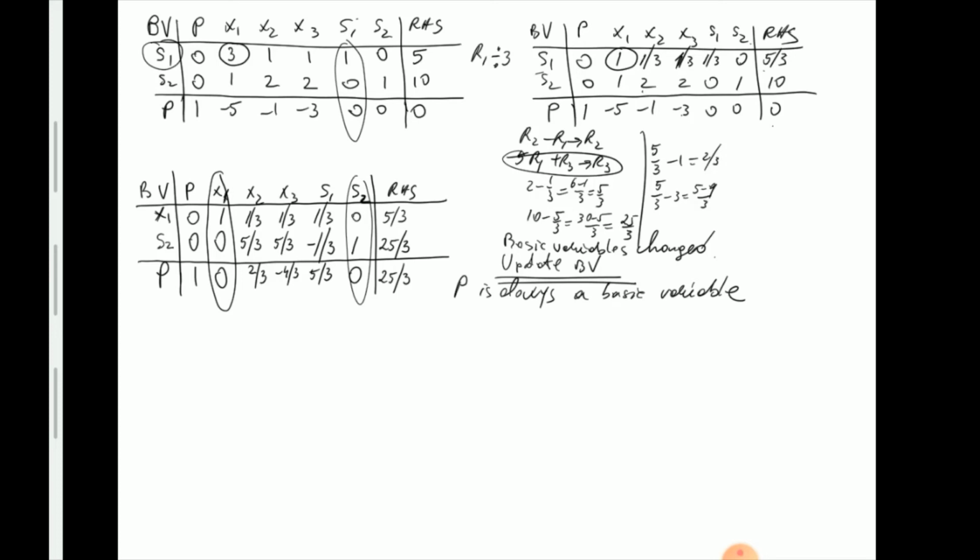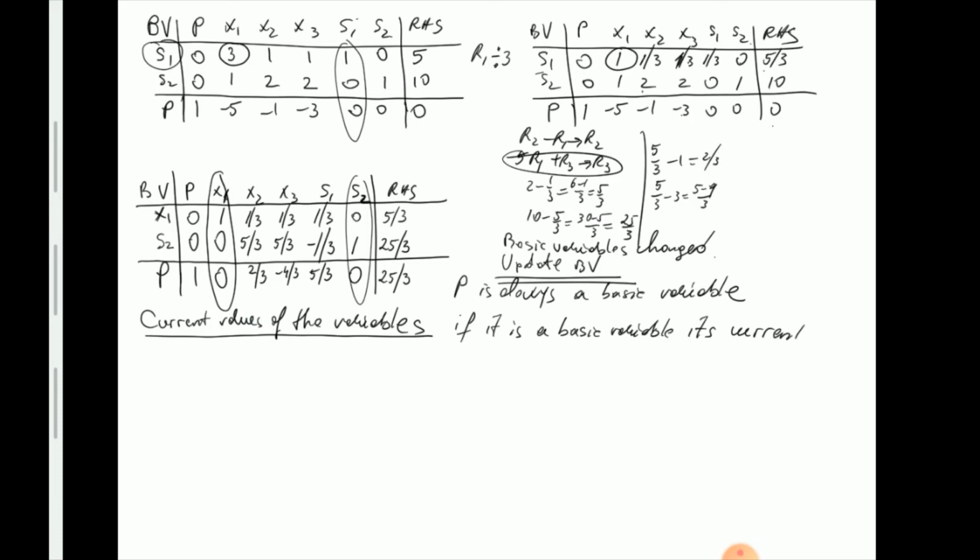We also have what we call current values of the variables. And the idea is that at each step in the Simplex Tableau, if a variable is a basic variable, its current value is on the right hand side column.